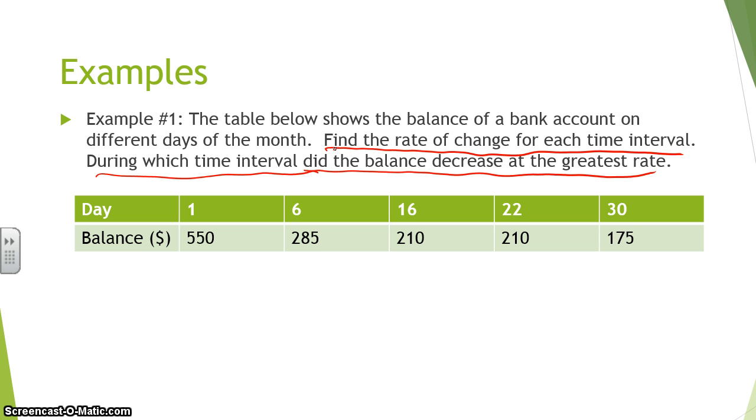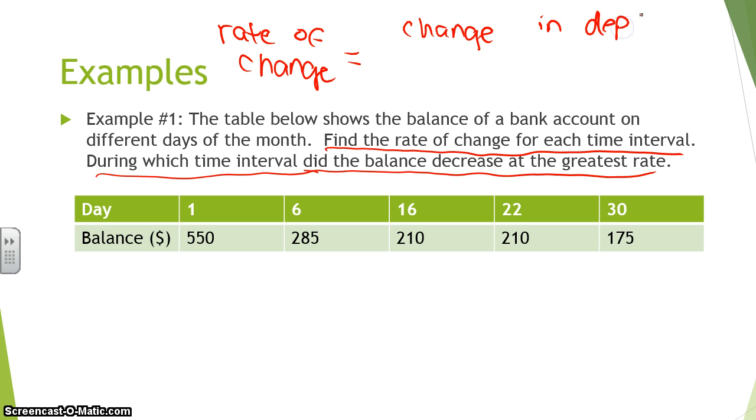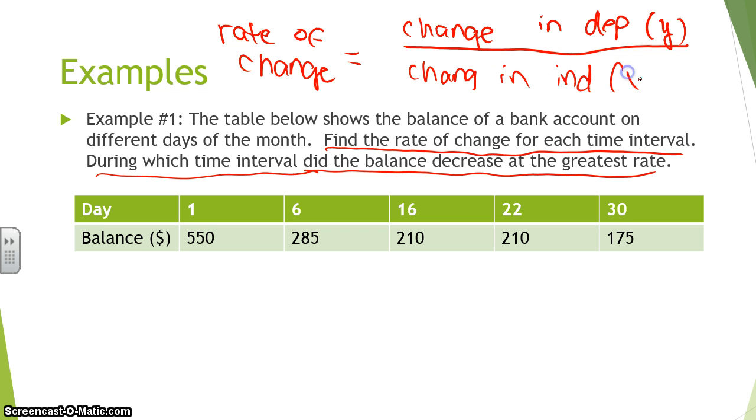So when we're finding this, we need to think of our rate of change formula, where we have our change in our dependent, which is my y, over my change in my independent, which is my x.